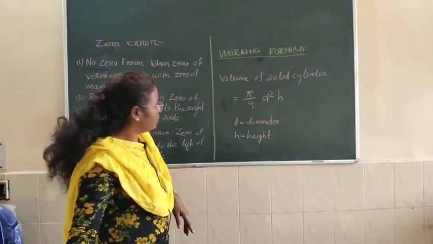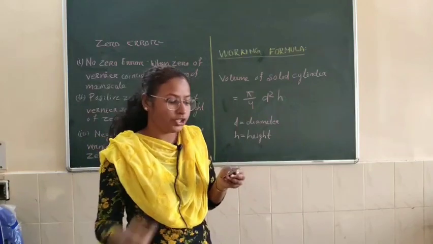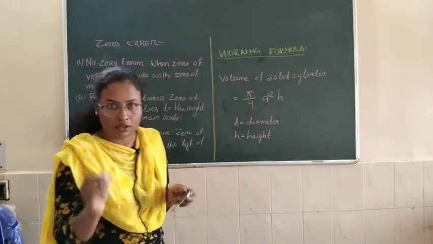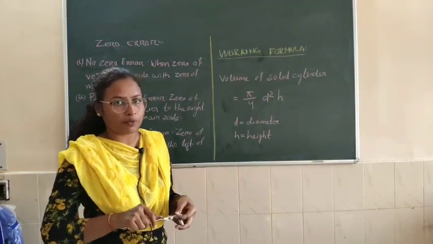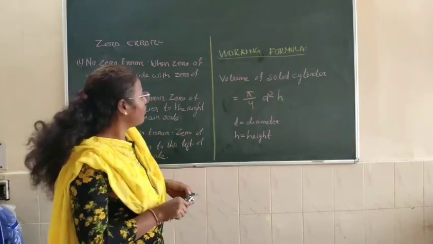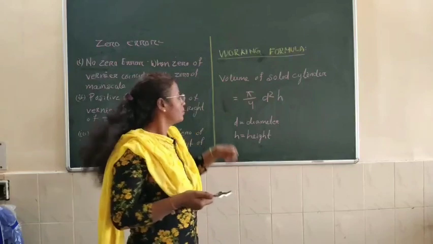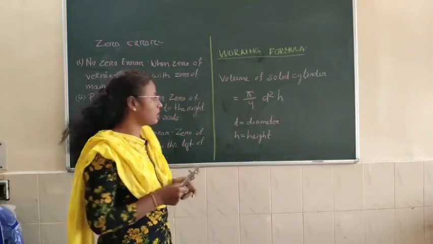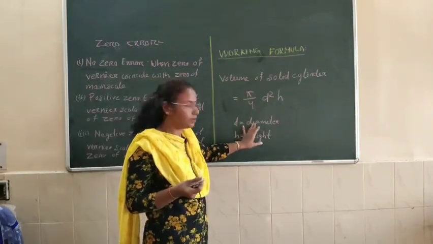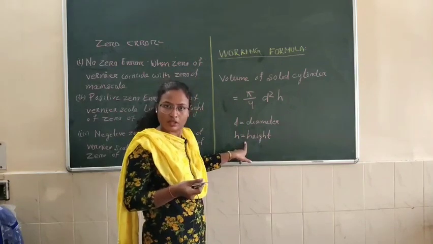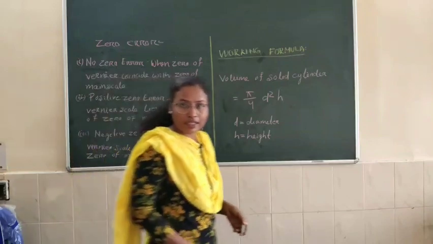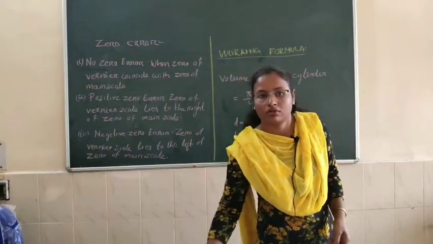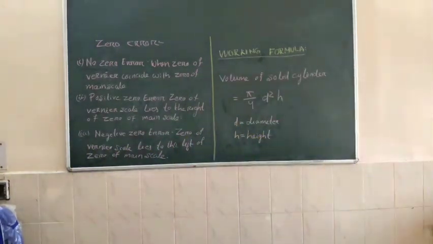So, by using the instrument and apparatus, you will take at least 10 minimum observations, and there are some procedures using which you can find the diameter and height of the cylinder. Next we will see how we can find the diameter and height.